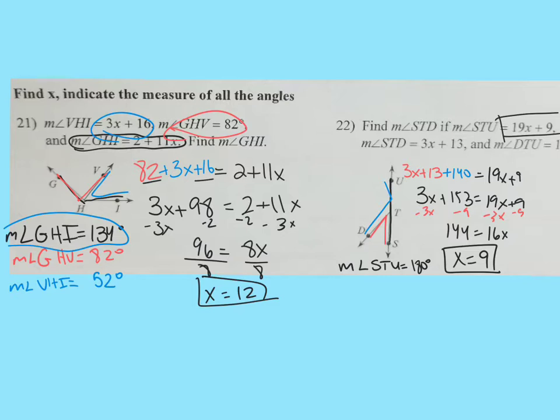Now I'm going to get the measure of angle STD. So it's 3 times 9, which is 27, plus 13, so it's going to be 40 degrees. And now I'm going to find the measure of UTD, or DTU.